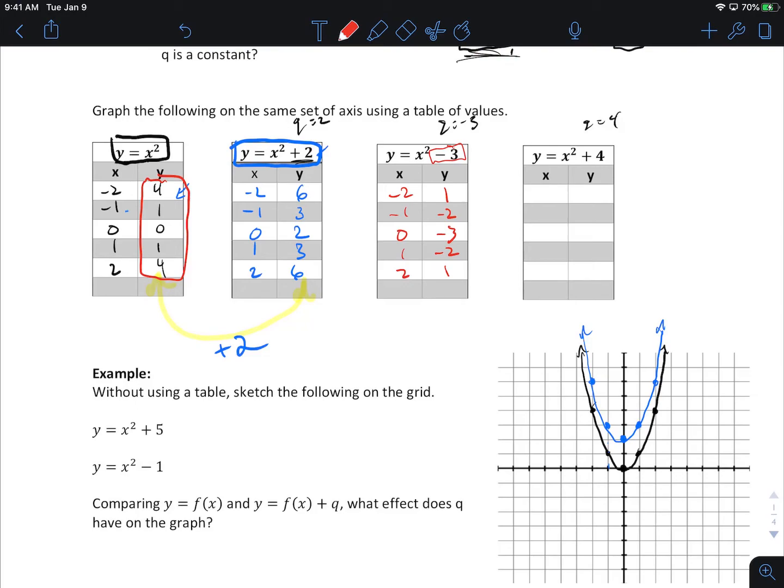And you can confirm, if you wanted to fill out the tables of values, you could plug in all these x values and confirm that you get these y's out on the other end. But you can see how I'm just going to physically take each of these points and move them down 3. 1, 2, 3. 0, negative 3. 1, 2, 3. 1, 2, 3. 1, 2, 3. And 1, 2, 3. All right?